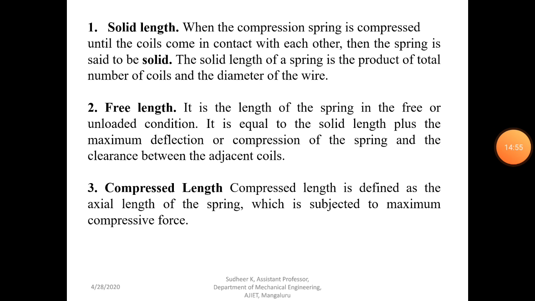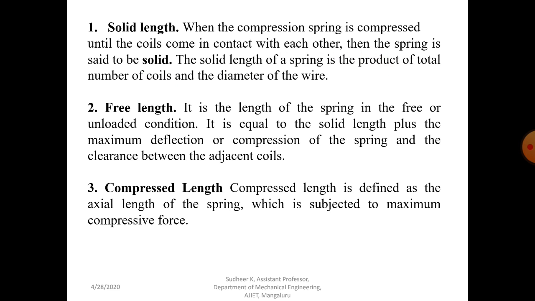So such length we call it as solid length of the spring. We'll see some of the important definitions that come under this type of spring, that is helical spring. The first terminology is solid length. Solid length is nothing but when the spring is compressed until the coils come in contact with each other, then the spring is said to be solid.